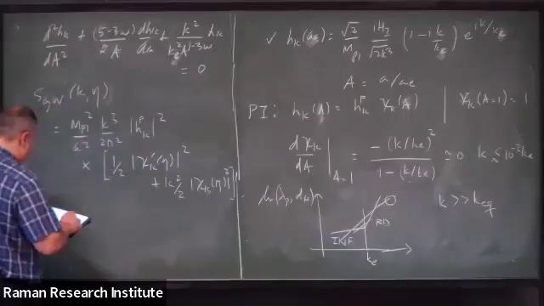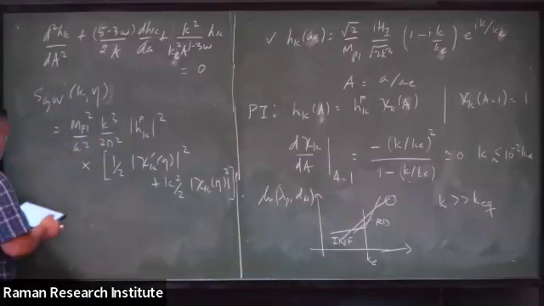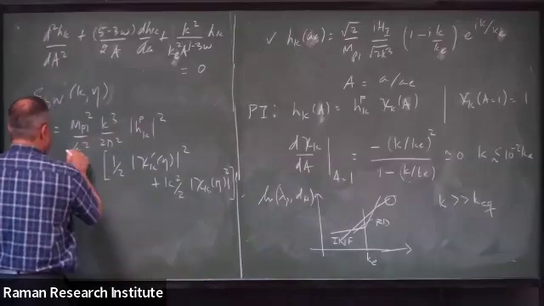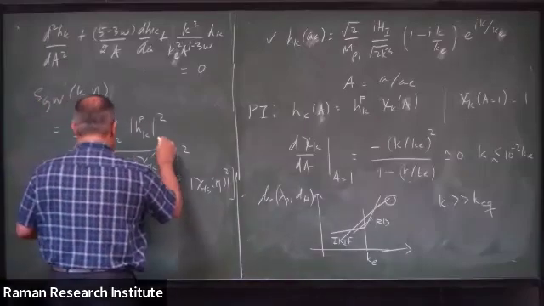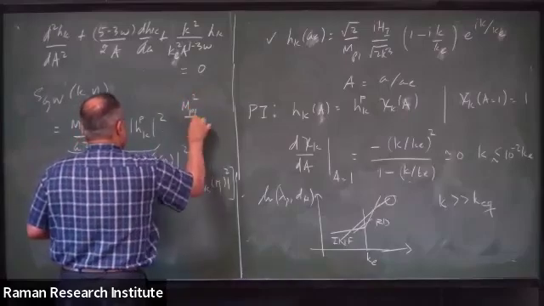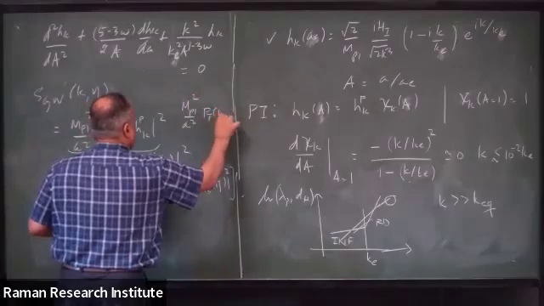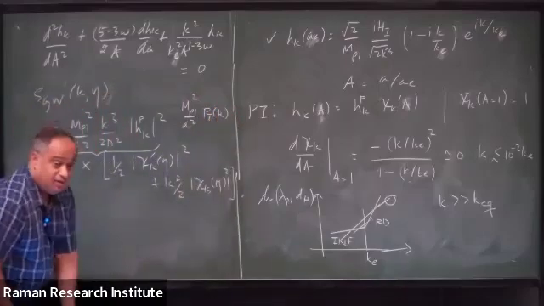This is the energy density. And you can write this entire expression as nothing but M_Pl squared by a squared times P_T of A. This is the primordial tensor perturbation spectrum.